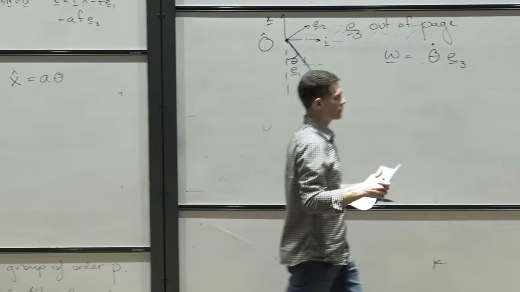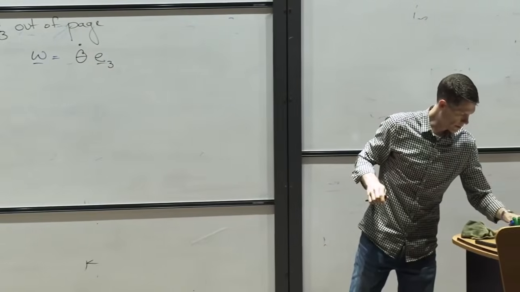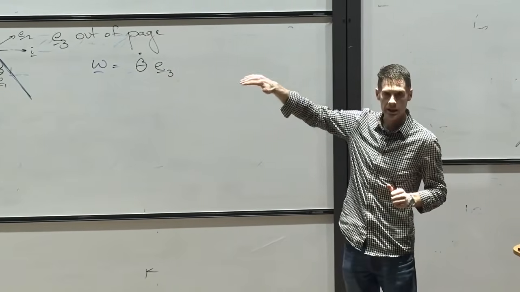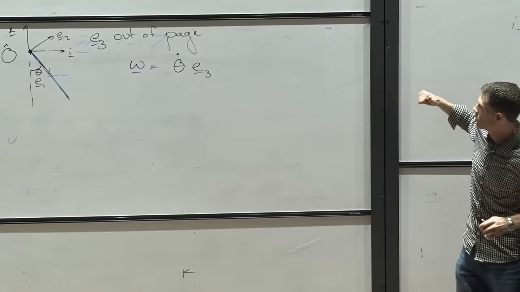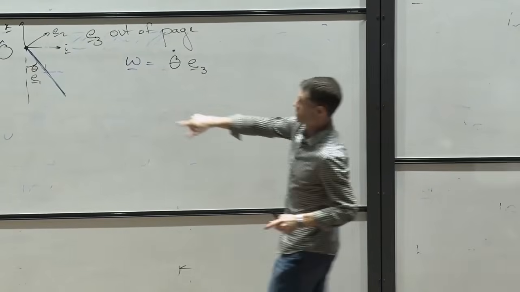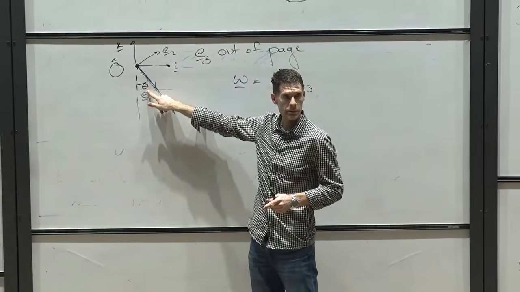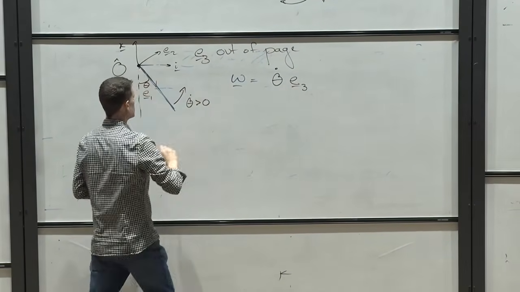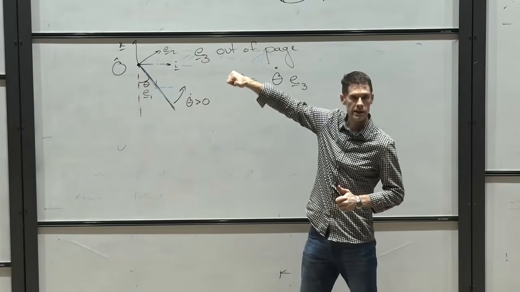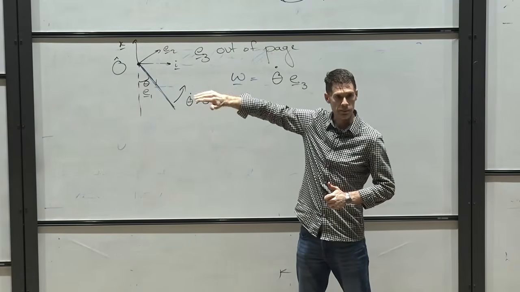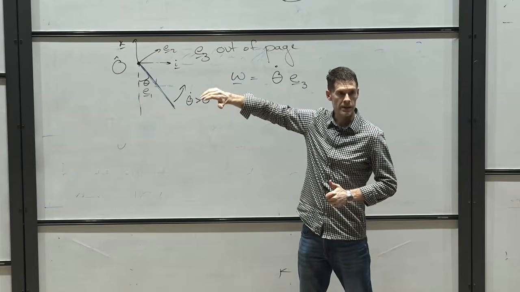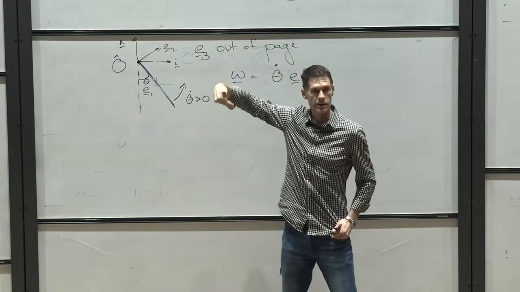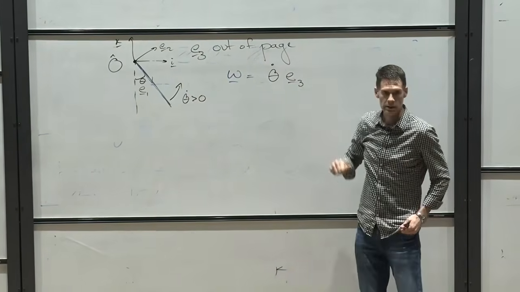So I need to basically put my right thumb pointing in the E3. And I'm measuring theta as being positive here. So theta dot being positive means it's swinging that way, right? So if I have my right thumb oriented with the E3 and I curl my fingers in the positive direction, that's a positive rotation about the E3, and that is indeed what happens when theta dot's positive. Okay, so that is the right thing.